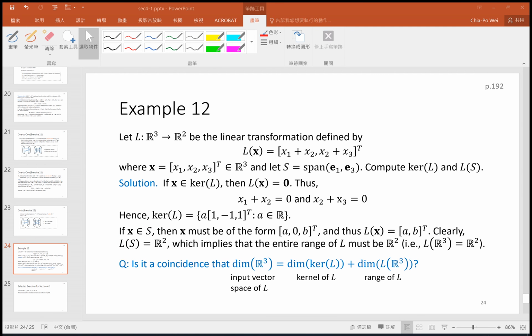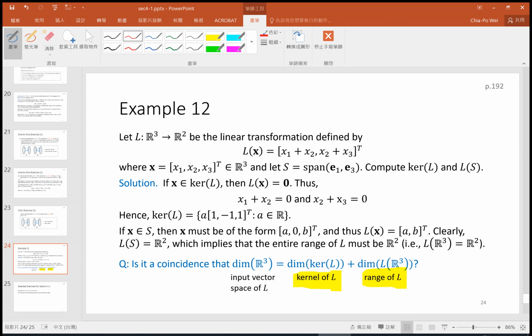In the bottom of this slide, there is a question. Is it a coincidence that the dimension of R3 equals the dimension of the kernel of L plus the dimension of the range of L?